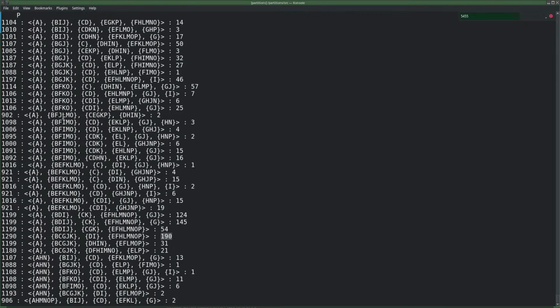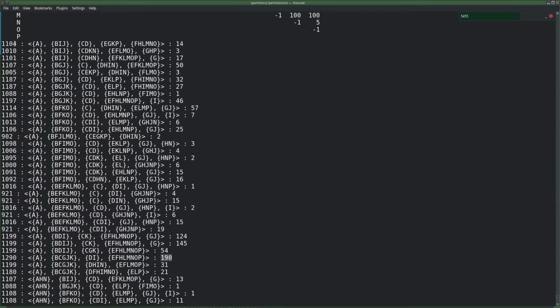With this many, it would also be interesting to draw a graph of it, I guess, to get a feel of how these maxima are distributed.